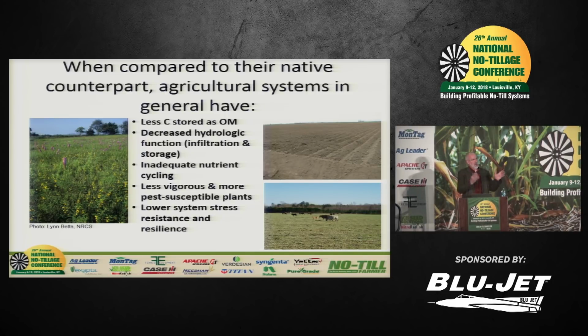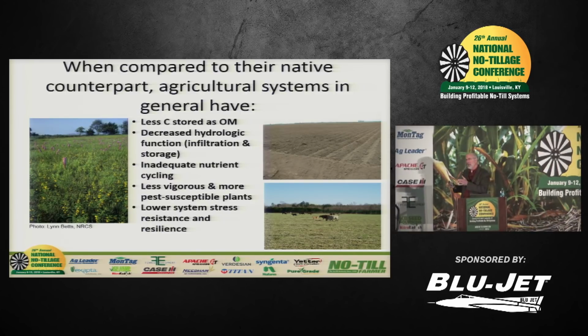So when we compare our natural system that was on the landscape of your farm to your farm, there are some assumptions that we know are pretty accurate. That agricultural system has less carbon stored as organic matter than the natural system. There's decreased hydrologic function.